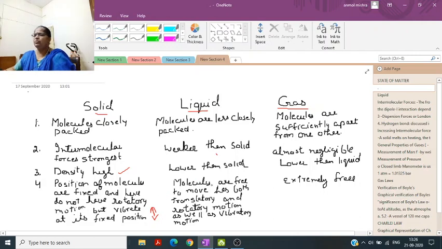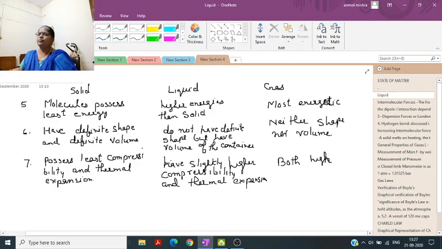In liquid, molecules are free to move both ways, translatory as well as rotatory, and they also move at their position as well as straight, forward, backward, in any way. In case of gases, they are extremely free, there is no force of attraction, so they are free to move.